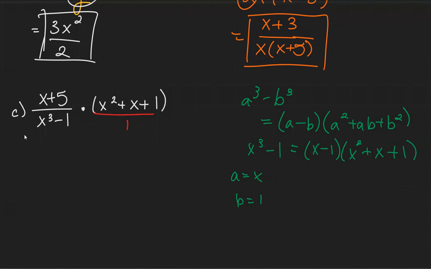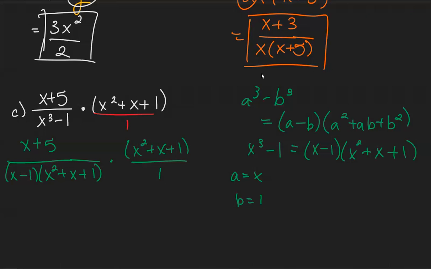All right, so how does this factor? We get x plus 5 divided by x minus 1 times x squared plus x plus 1, times x squared plus x plus 1 over 1. Now notice above that sometimes after we multiply, everything becomes the one fraction.